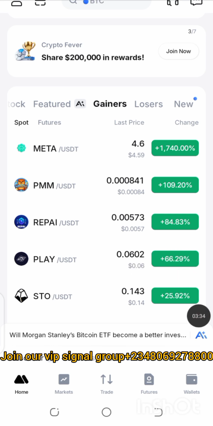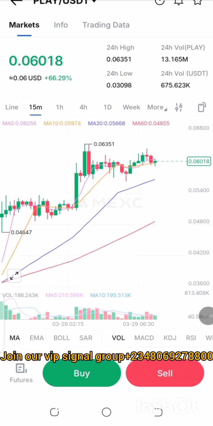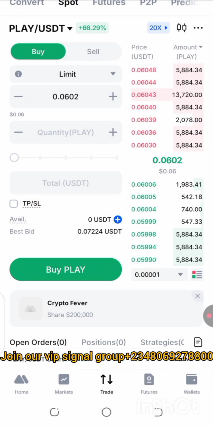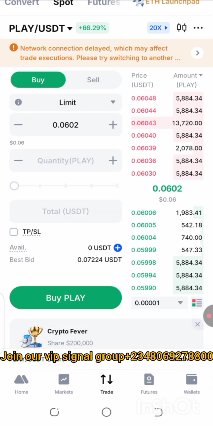Now in MEXC, the coin is 0.0602, meaning the coin is actually higher here. Meanwhile, you can buy the same coin at 0.059 and come over to this place to sell at 0.06.